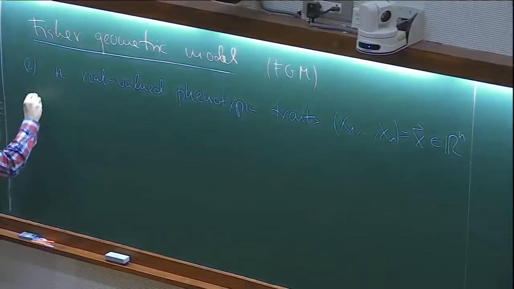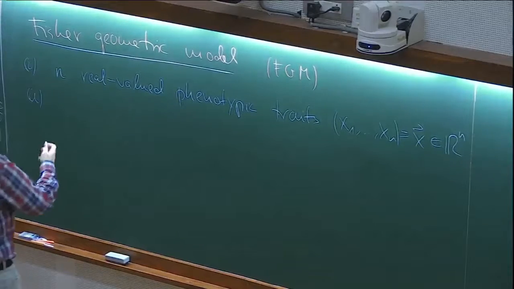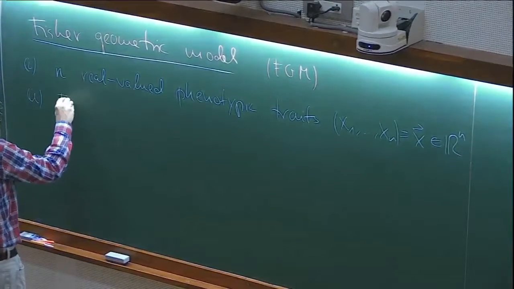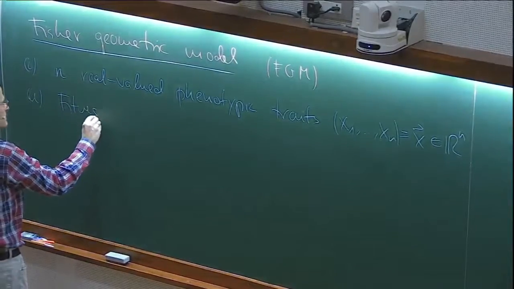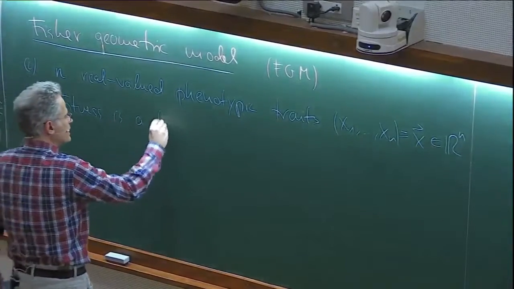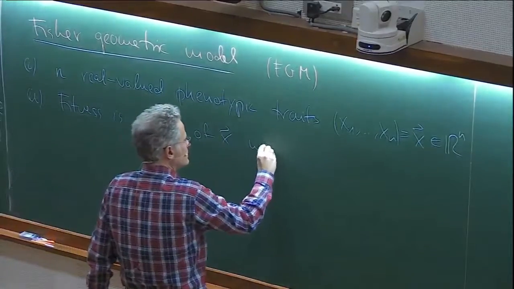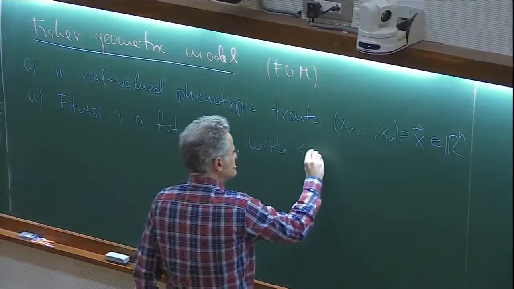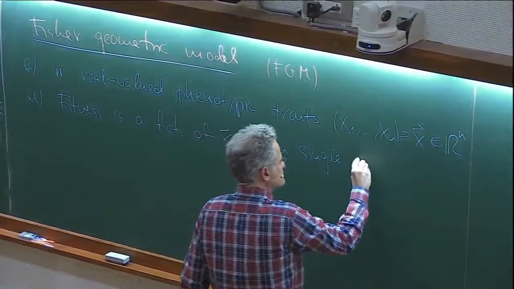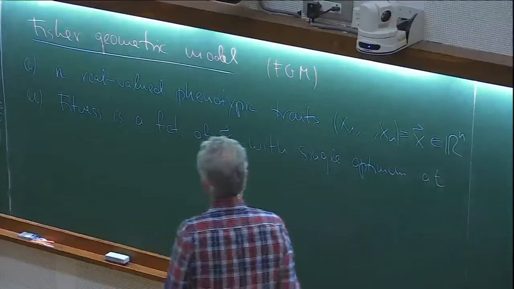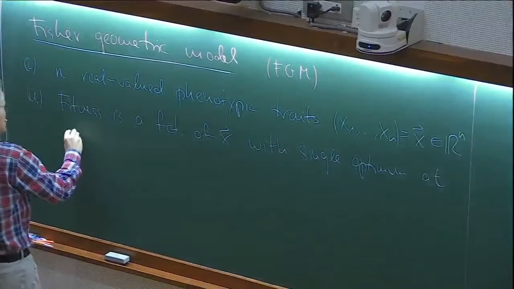Fitness is a function of these traits, and it's a simple function with an optimum at the origin. So fitness is a function f of x with a single optimum at x equal to 0.